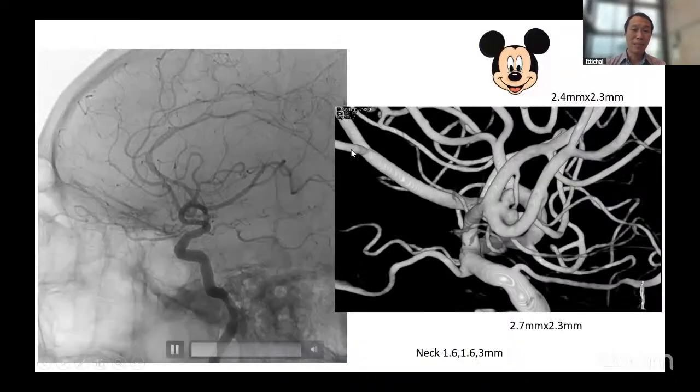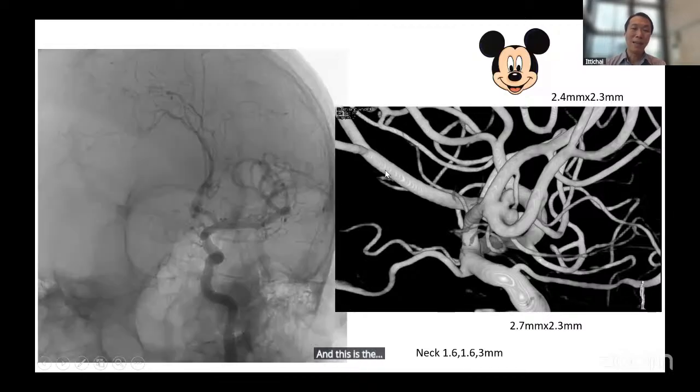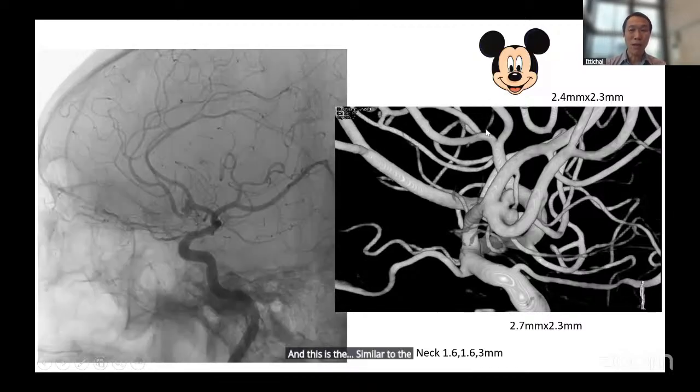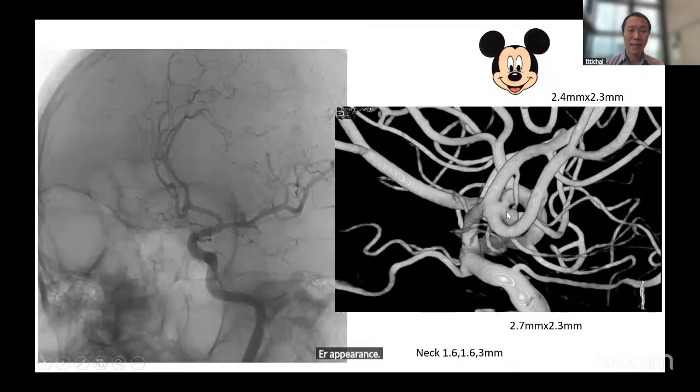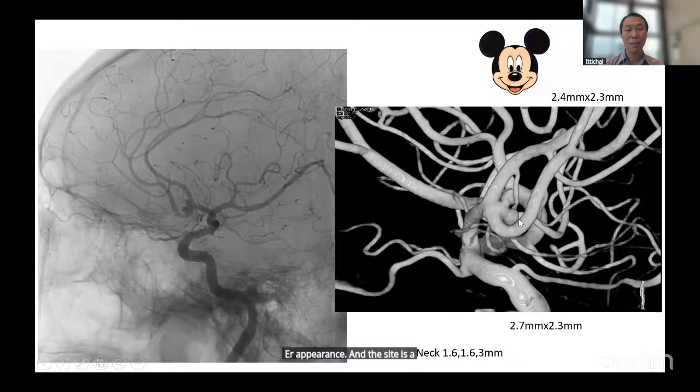And this is similar to the Mickey Mouse ear appearance. The size of the upper one is 2.7 by 2.3, and the lower one is 2.4 by 2.3.